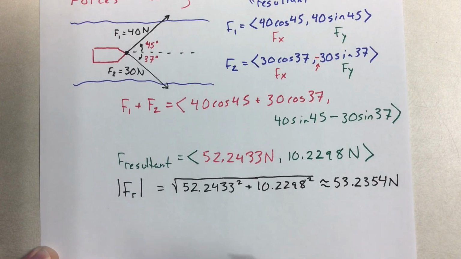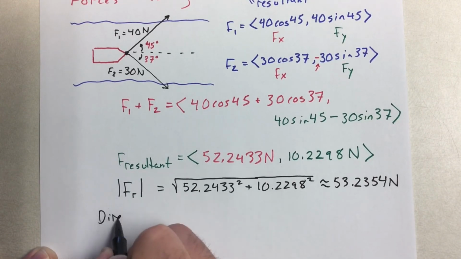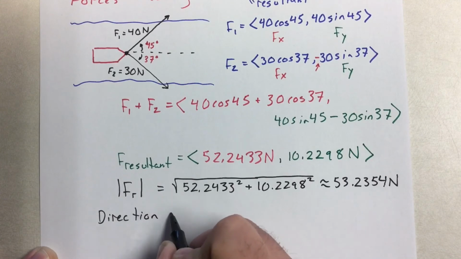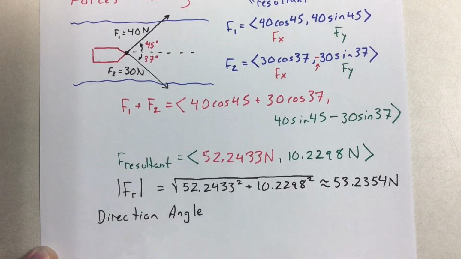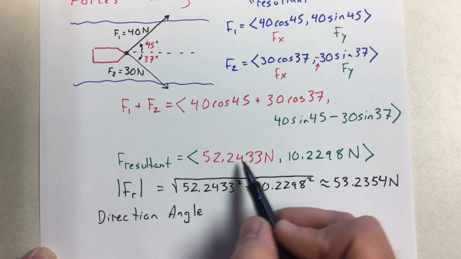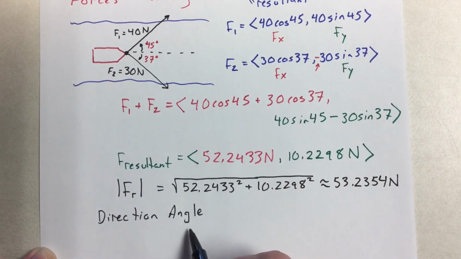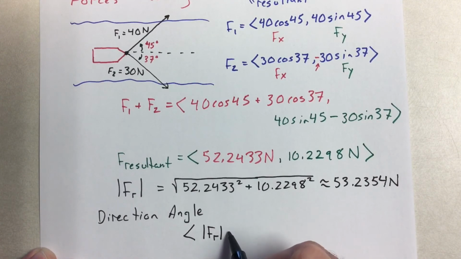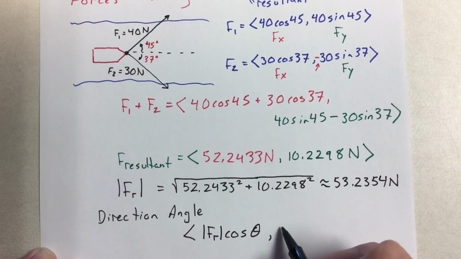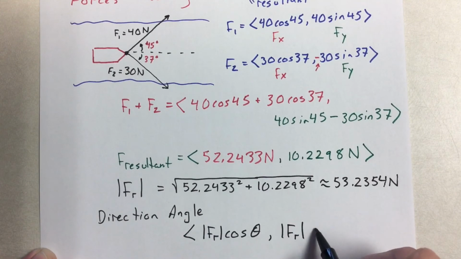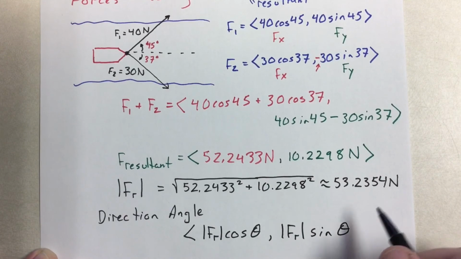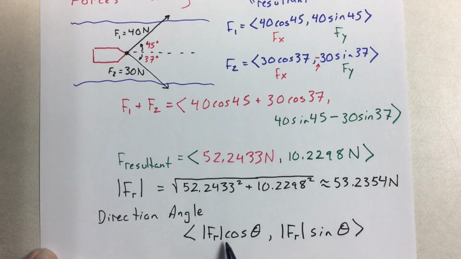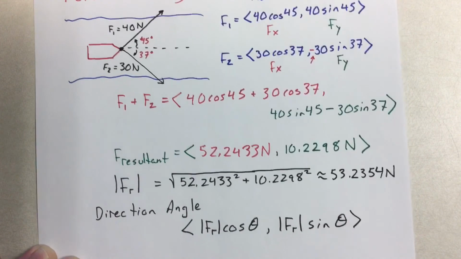And then the direction angle. Okay, so for the direction angle, we take the components. We know that the force of the resultant times cosine of theta, and the force of the resultant times sine theta, give the components. That would mean that we can set this equal to this.